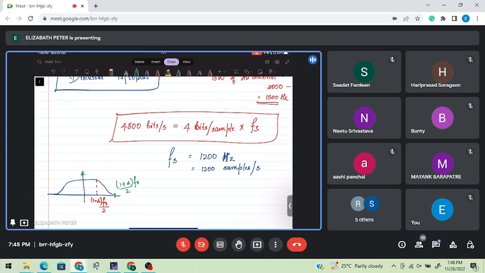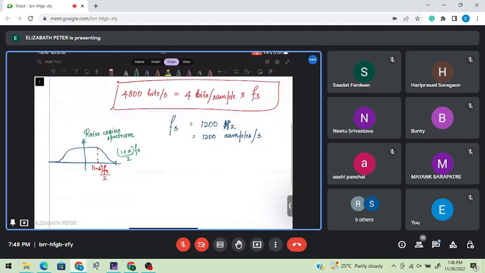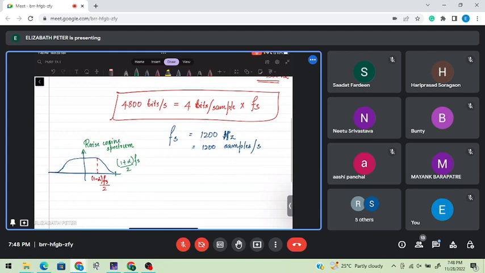This is a raised cosine spectrum. And what is alpha? It is the roll-off factor of the pulse. Is it clear to all of you up to this point?